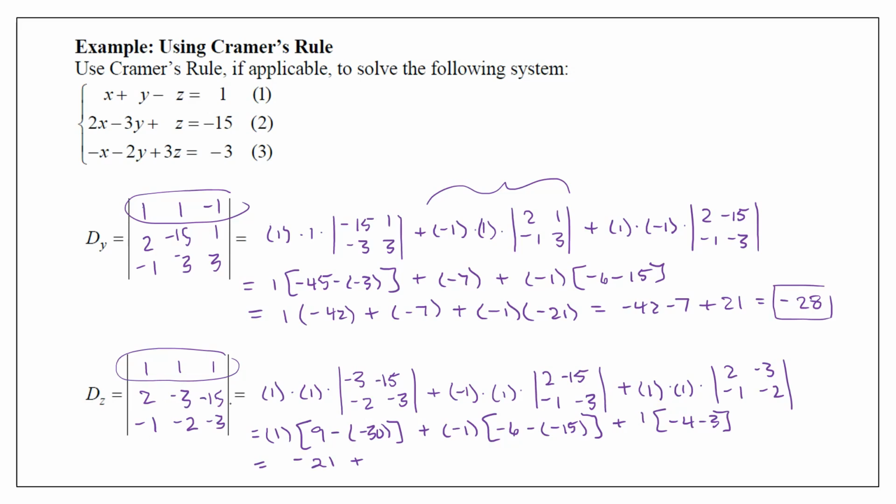Yeah, so all of those should be negative 15. Let's fix this. Negative 15 times negative 2 is a positive 30. Negative 15 times negative 1 is a positive 15.